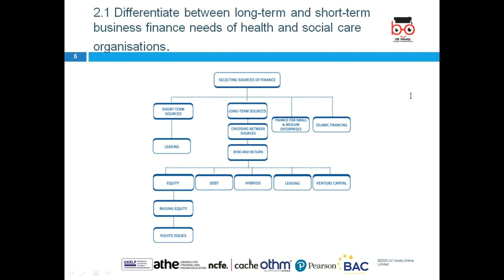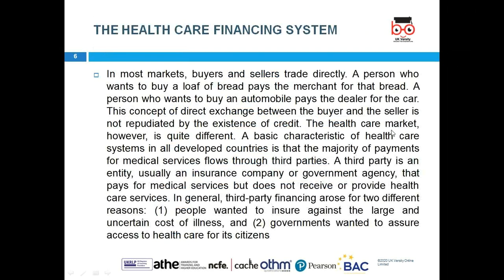Leases have two types: finance lease and operating lease. If you have a finance lease, the asset will be yours and you can use it. So we can raise money using different sources of finance in normal business, which we'll go through further in detail on the next slide.